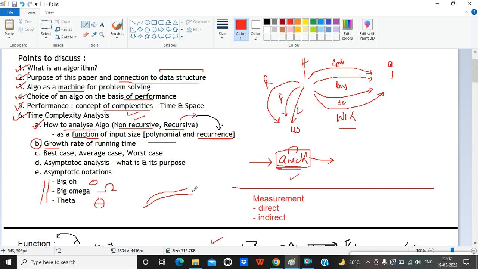And asymptotic analysis or asymptotic notations will give you the limits. If you link it with our algorithm analysis, it will tell you the highest limit of time it will take, the lowest limit of time, the best time you can take. Different limits of algorithm time: at most this time, meaning if it is going to work slow, then at most this time it will take.